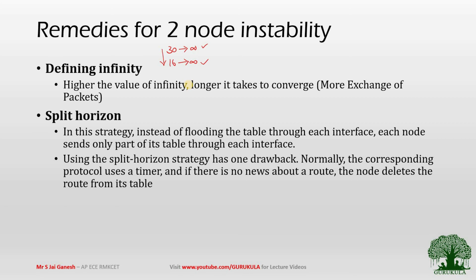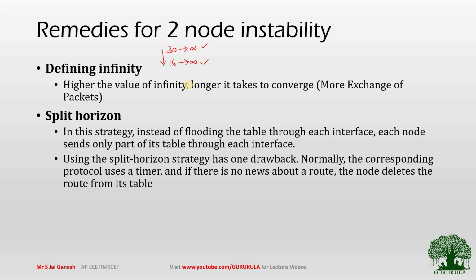And the second one is going for the split horizon. In this strategy, instead of flooding the table through each and every interface that we have, each node sends only parts of its routing table through each interface. The split horizon strategy has one drawback, which is that when the protocol does not hear about some particular node for a period of time, it automatically deletes the entry from its routing table.